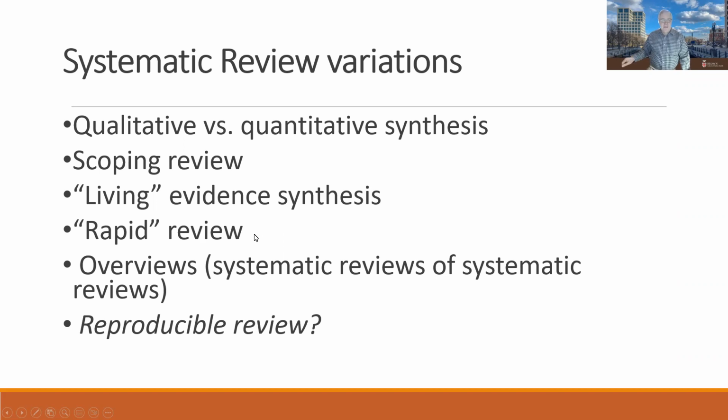And then sort of conversely, like during COVID, there was a need for people to make decisions about things like masks. So there were rapid reviews, which almost by definition have to skip some steps or be done faster. And then, believe it or not, there are overviews. So there are systematic reviews of systematic reviews.